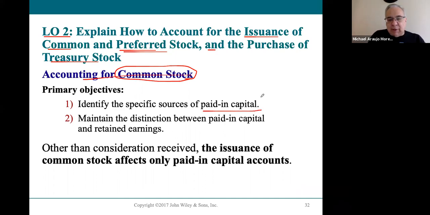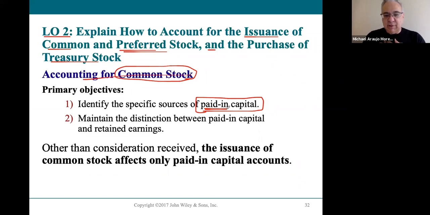Common stock is considered paid in capital. Again, the key word here is paid in, right? So how stock works is the owners pay money in, they pay cash into the business. In exchange, they get these shares of ownership.